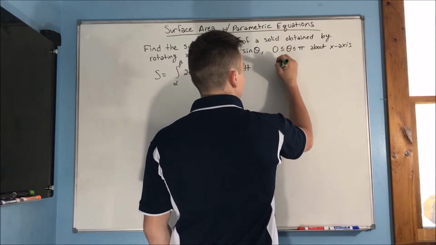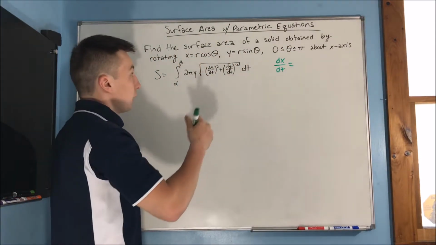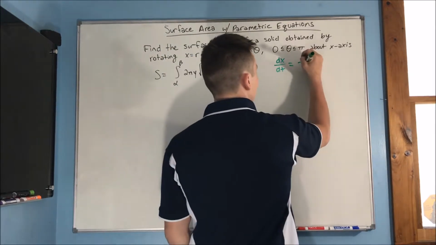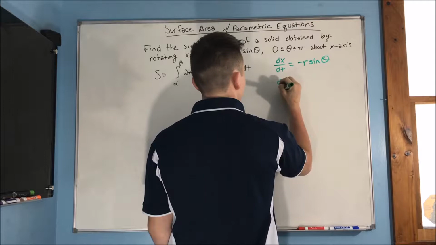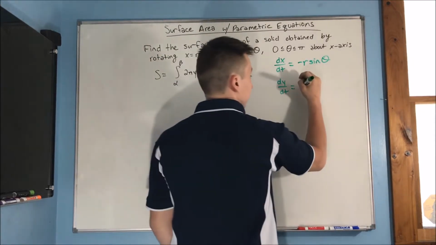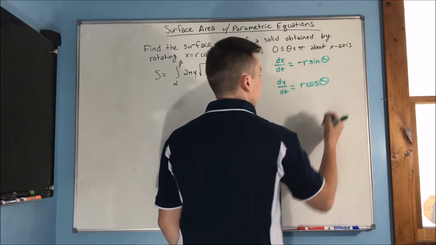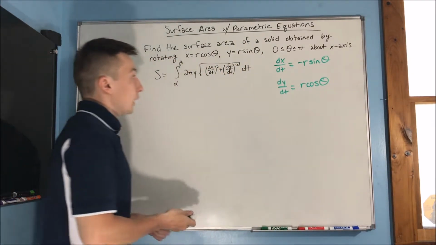So dx dt is going to be equal to this derivative, which is just negative r sine theta, and dy dt is going to be the derivative here, which is just r cosine theta. Now we can just plug in here.